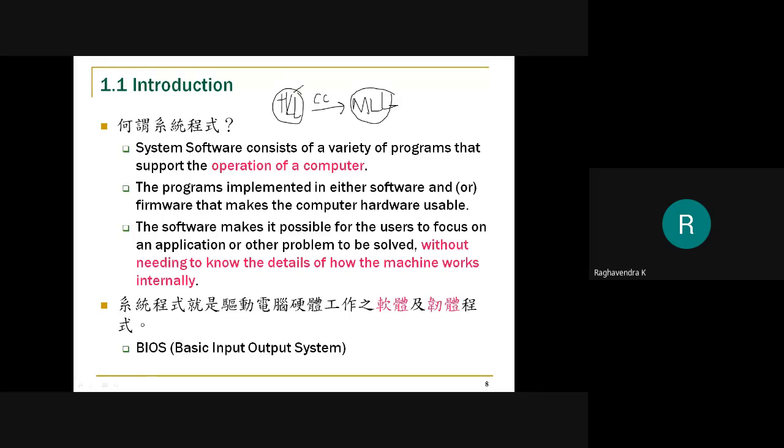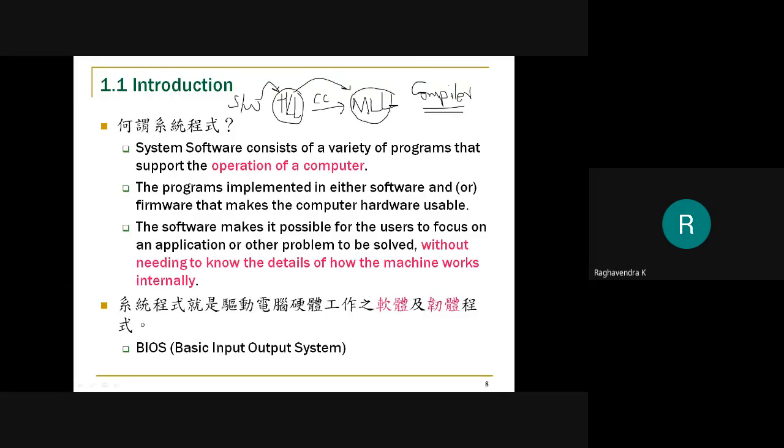So we need a program that actually translates that. So compiler is one such example of a system software that is required by a computer in order to run your programs. Because we know that softwares are written in high level language.